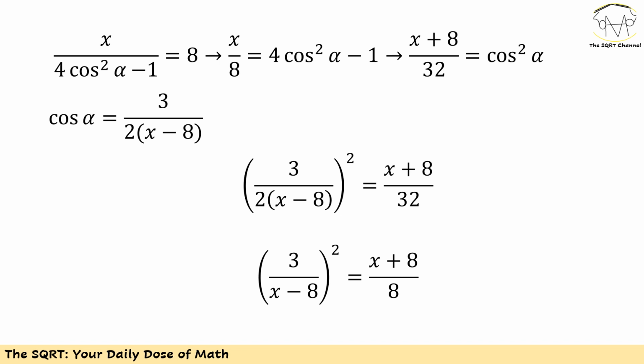On the other hand, remember we found that cosine of alpha is 3 over 2 times x minus 8. So basically I need to take the power of 2 of cosine of alpha and have it equal to cosine squared of alpha. If we do this, we are going to see that we have 3 over x minus 8 to the power of 2 is x plus 8 over 8.